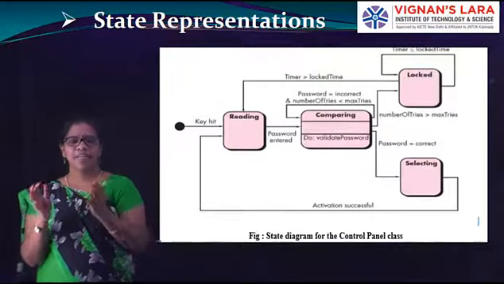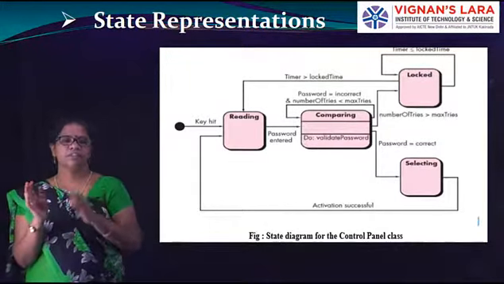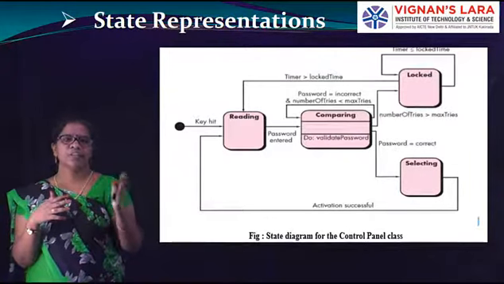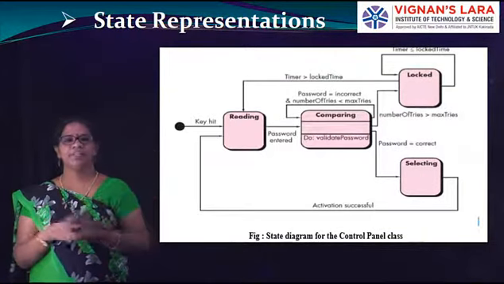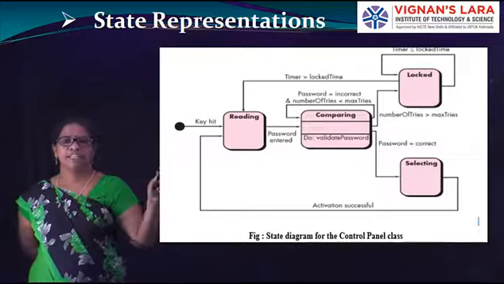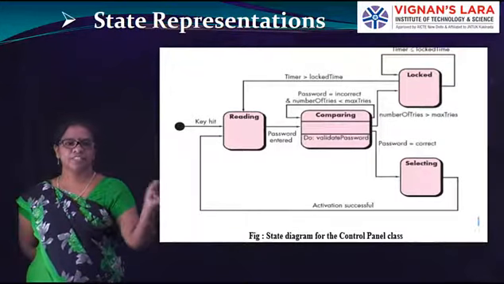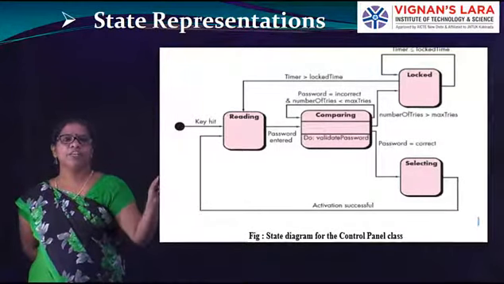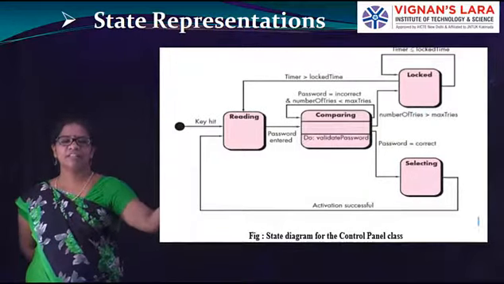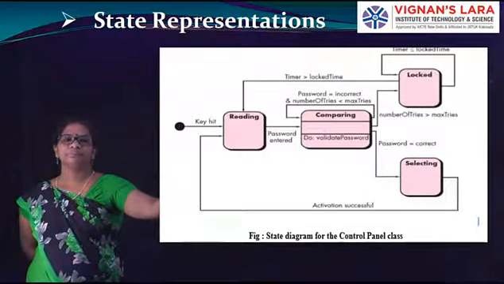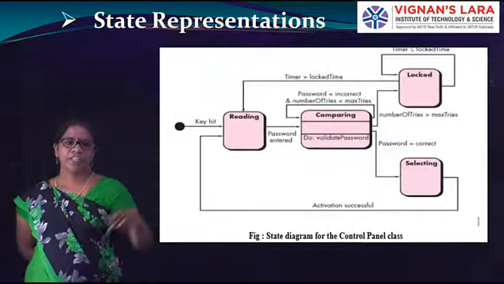So when one external event is occurring, how does the state change? After entering the key text, it will go for the reading state. After reading, it goes for the password entering, and then to the comparing state.